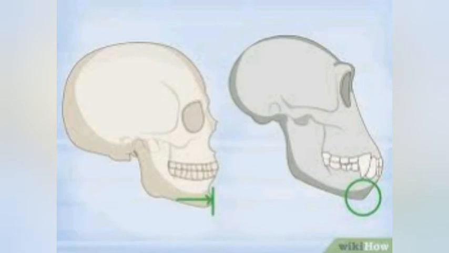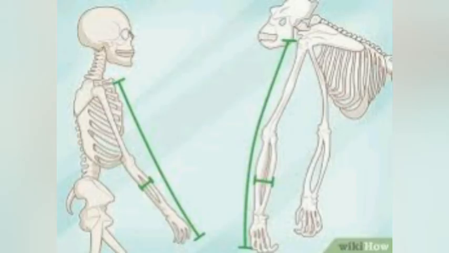Then look for the eyes above the nose in humans, because humans have the orbits to the front and above the nose. But in animals, orbits are generally situated to the side and behind the nose. Another step is to check for smaller canines, because humans have smaller canines when compared with other animals like apes.